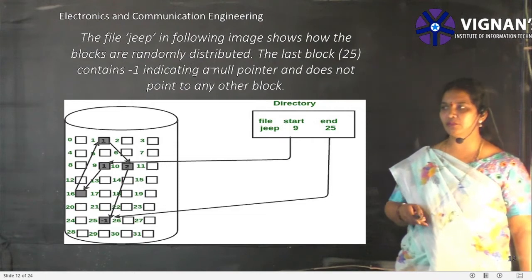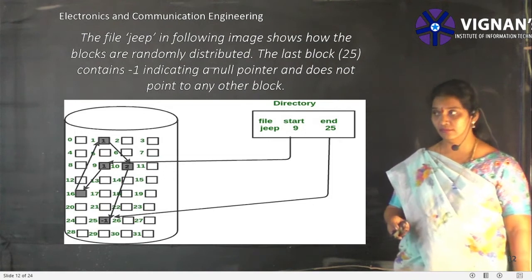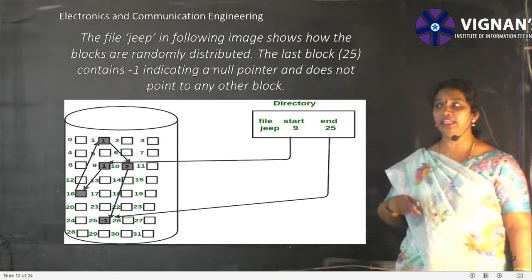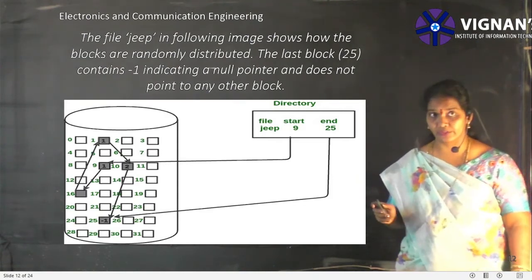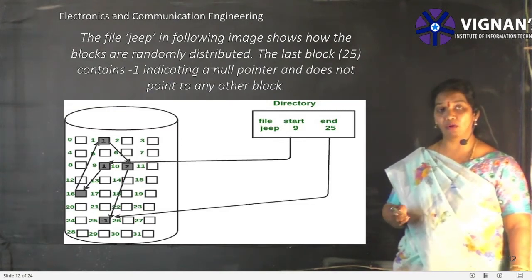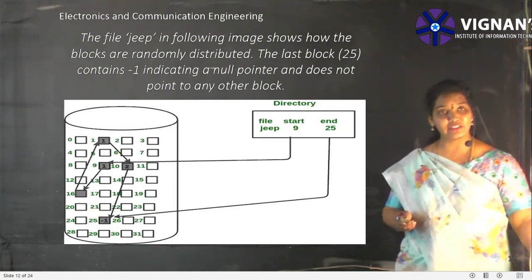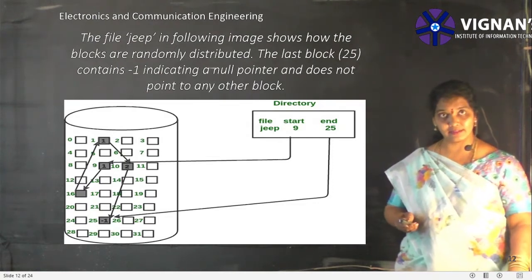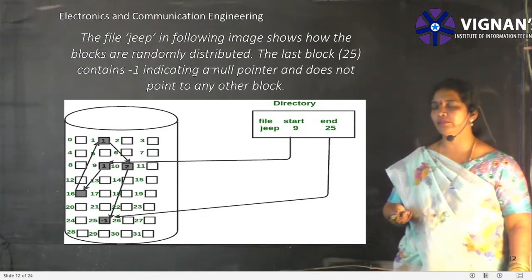So this example shows a particular file starts at 1 and it ends at 25, and it uses 5 blocks, and these are not contiguous. Each and every block contains a pointer to where the next block of the file is. When the pointer indicates -1, it says that after this there are no blocks. That is the ending of the file.